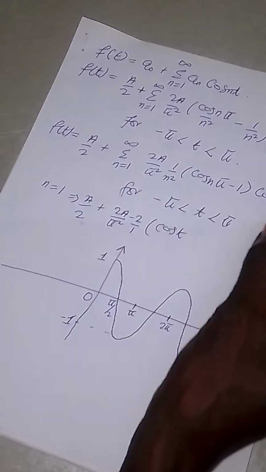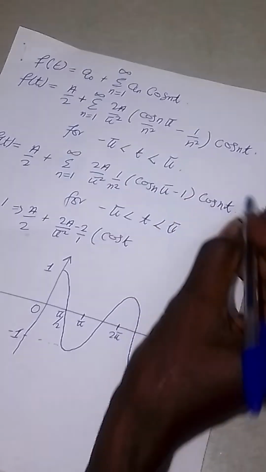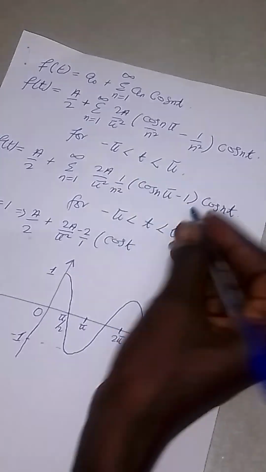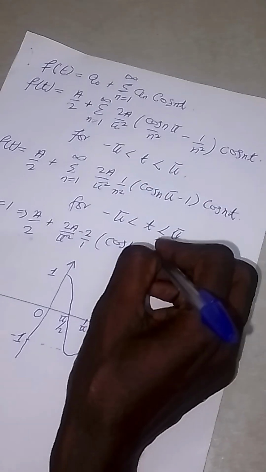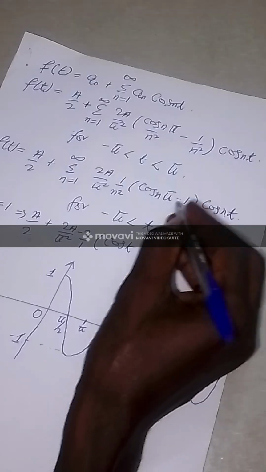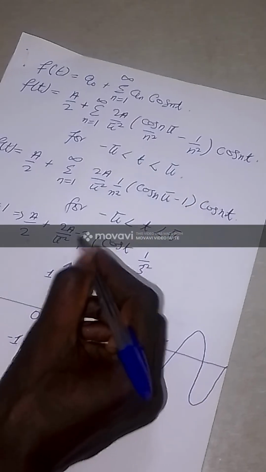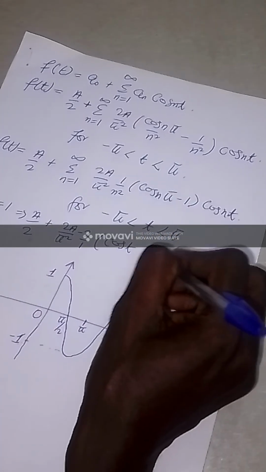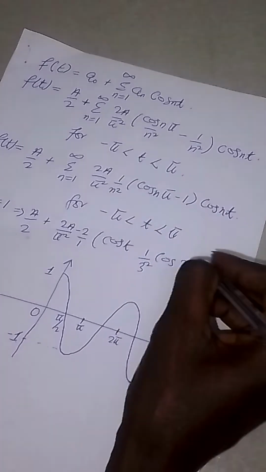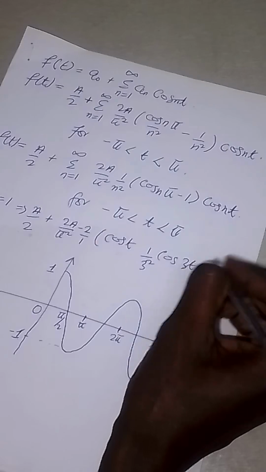So now what will happen is that it's going to be 1 over 3 squared, and then it's still going to be this one, cos 3 t.